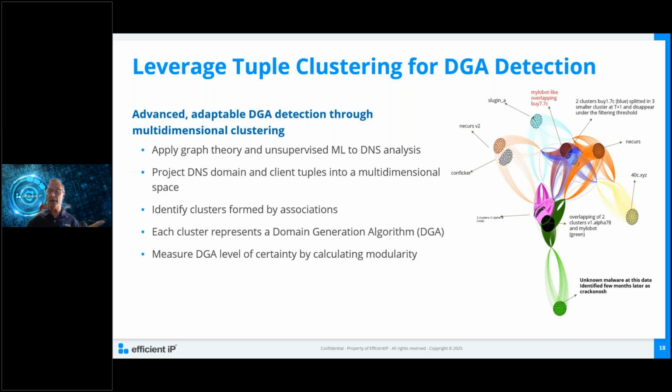The diagram here shows a cluster or clusters that are color coded by our algorithm. They correspond well to DGAs. All clusters, except for that green one, can be connected to a specific malware. The green cluster, however, at a point in time, showed only a low indication of a DGA, but not quite an attack. However, 6 months later, we were able to link it to a well-known malware.